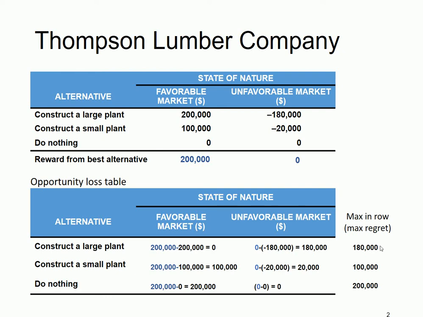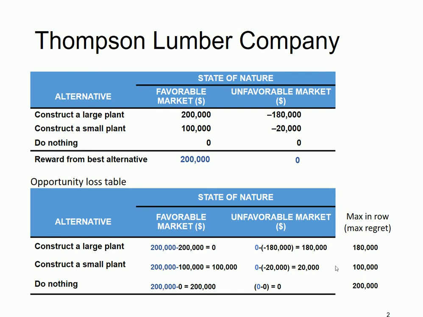So what do those numbers mean? They simply represent the largest regret an alternative can possibly have. And do we like regret? No, we don't. No one wants to regret. So what are we going to do now? Well, we're going to choose the alternative that gives you the smallest largest regret you can have.